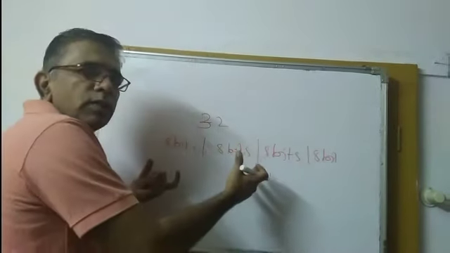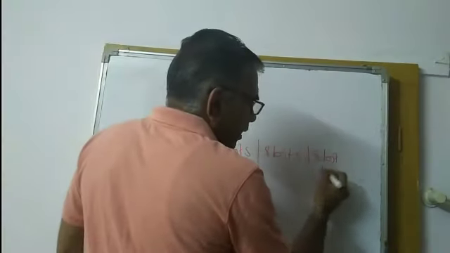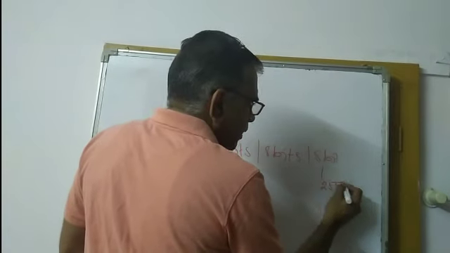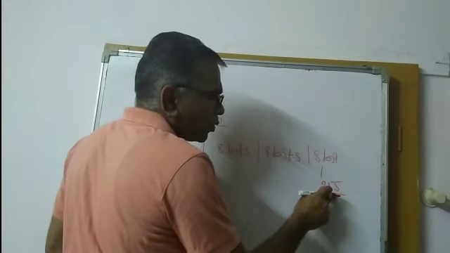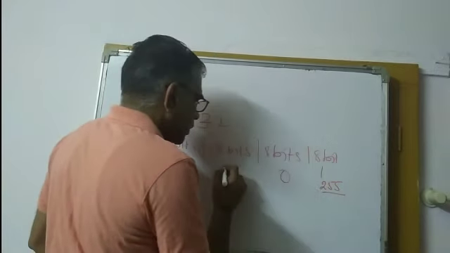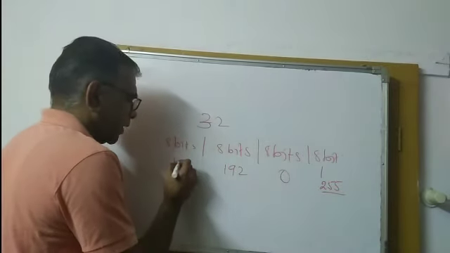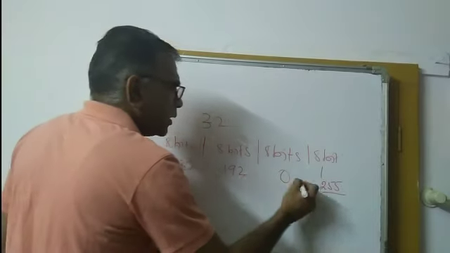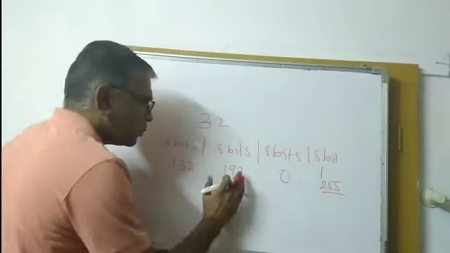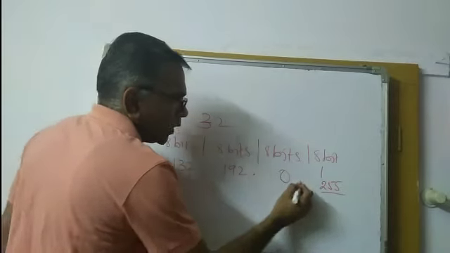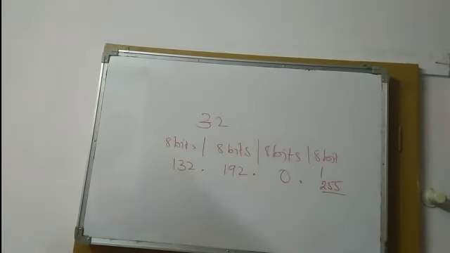So you divide the given 32 bits into 4 8-bit blocks, and every block is now represented by a decimal number. The highest decimal number we can use here is 255. The lowest is 0, and any number between 0 and 255 can be part of this IP address. Each 8-bit value represented in decimal is separated by a dot. That is the reason we call it dotted decimal notation. I hope it is clear to you.